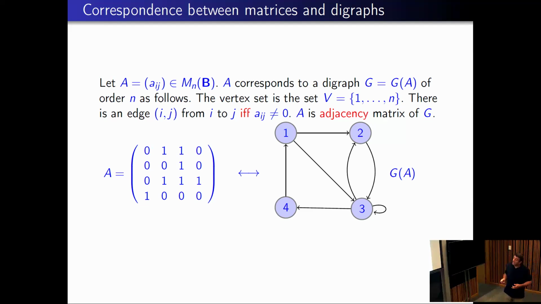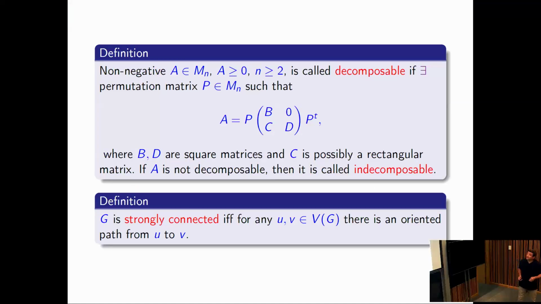So it's just another language, but it is a nice and useful language. Before I go through the details, let me briefly mention a few important properties which will be useful further on.